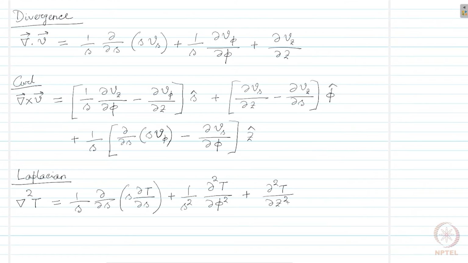Now, let us consider an interesting example. Let us consider in spherical coordinate system the divergence of the vector r cap over r squared.